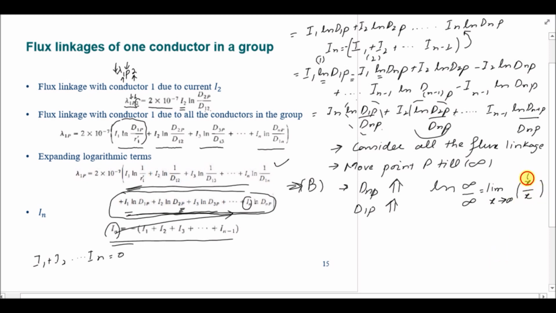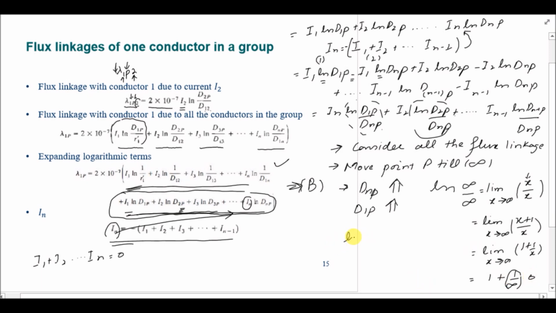We will put the limit as x approaches infinity and replace infinity with x. We know that this x is infinity, so we can add 1 and it will not make much of a difference. So the limit as x approaches infinity of x plus 1 over x becomes 1 plus 1 over x. Now if we replace x with infinity, it becomes 1 plus 1 over infinity, and 1 over infinity is equal to 0.